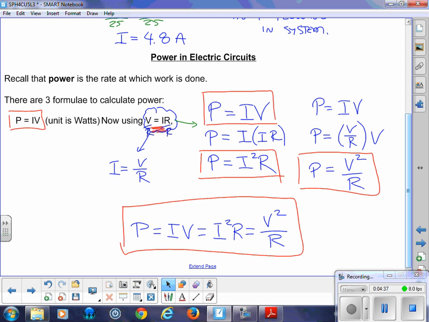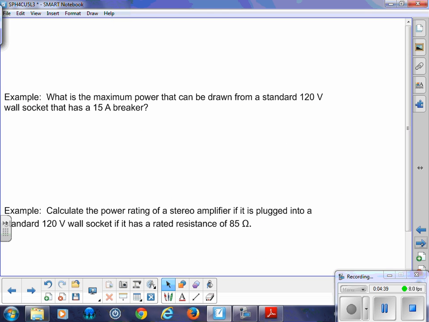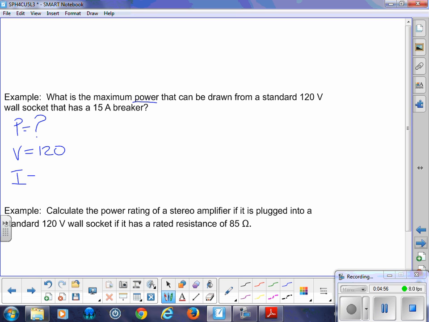So when we flip around for an example, what is the maximum power? We're looking for power. Power is the unknown. From a 120 outlet, we're going to have to use the formula that has voltage, and we know the breaker is 15 amps. It is on a breaker, so we know we can't draw more than 15 amps. So what is the power?